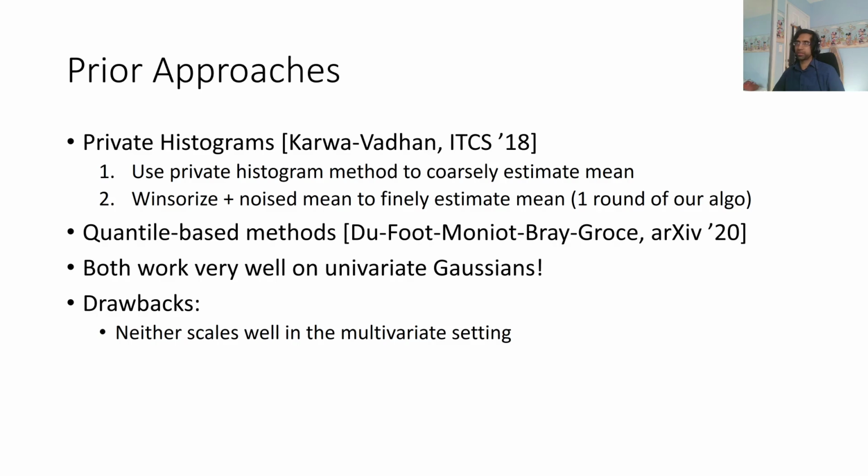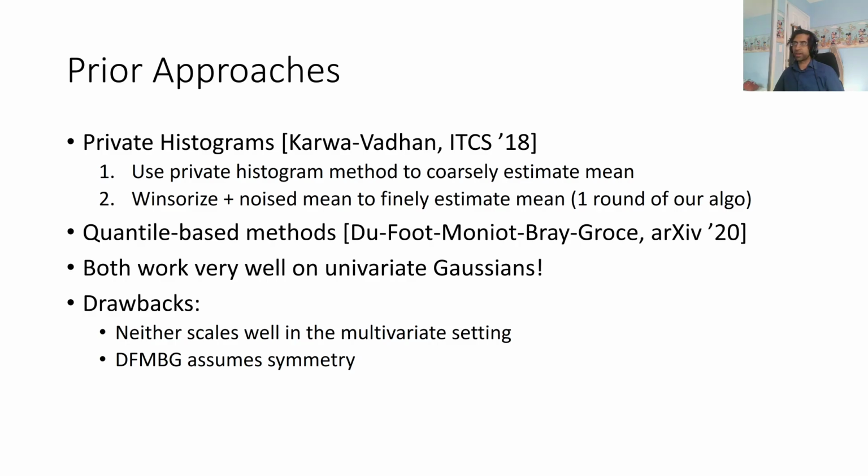For example, histograms work very well in 1 dimension, but in the multivariate setting this blows up with the dimensionality of the problem. Furthermore, the second approach that I mentioned here, the Du et al. approach, assumes symmetry of the distribution, which might be a bit limiting if we're considering other types of distributions.